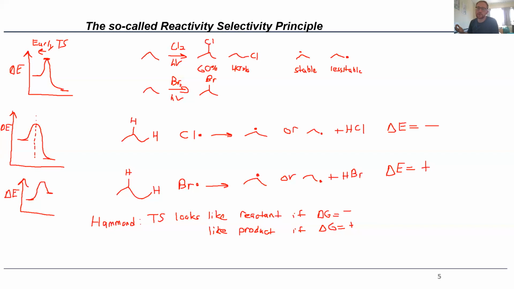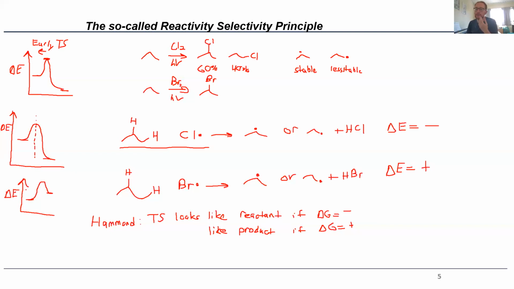So it looks like the starting materials. The transition state has more character of the bonds being broken and being formed, the transition state looks more like this side of the equation. And in this side of the equation, the difference in energy of these two CH bonds is very little.